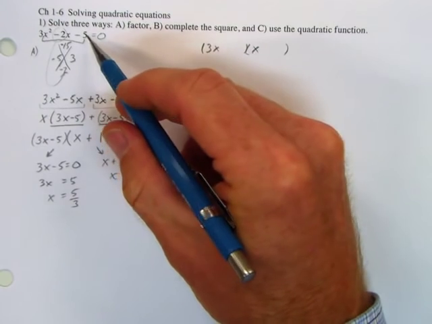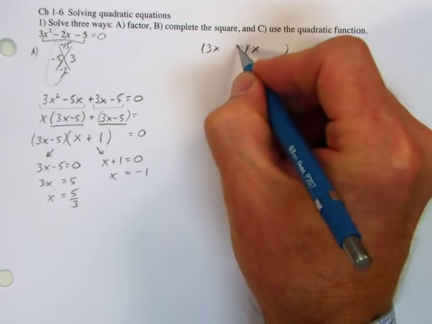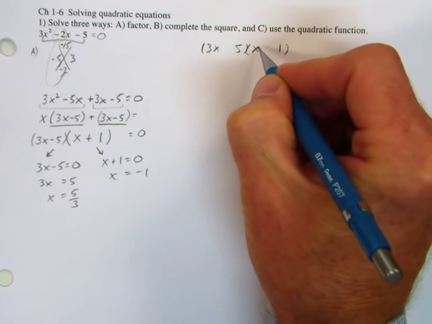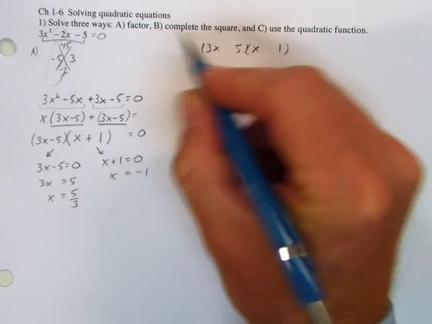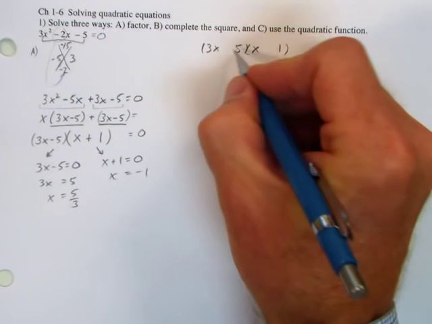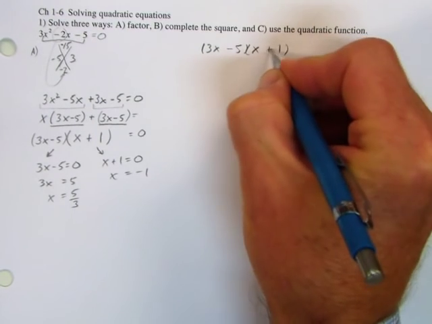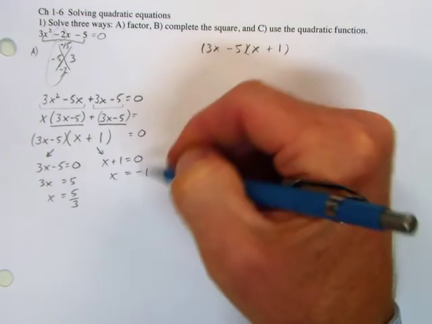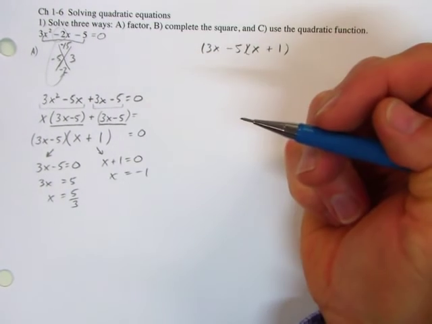So the only way to get this 5 is the 1 and 5, but that 5 has to be in the same parentheses as the 3x. And then when we add them together, it's going to give us a negative 2, so the 5 is negative, and this will be positive. So that's another way, if you see that. This is a general idea, and it works, and it's good.